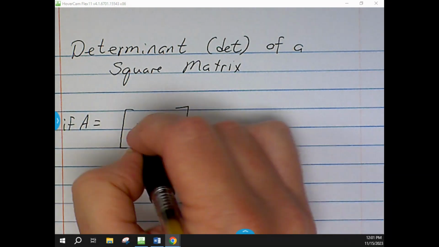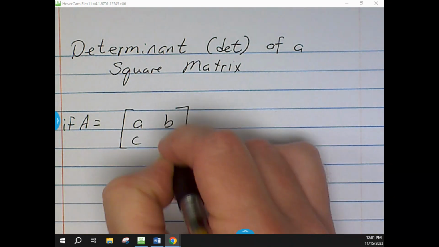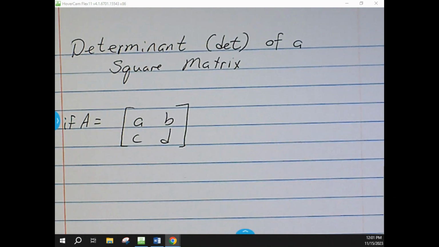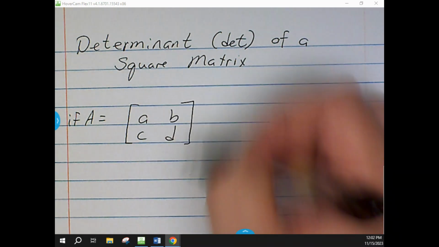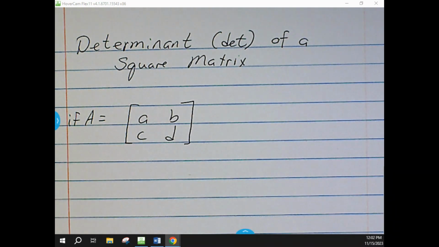Okay, so very first thing we're going to do, show you one without numbers, just so we got a general sense of it. And then we'll show you one or two with some numbers because we got it there. So leave a little bit of room because we're actually going to work around this one to get the numbers for this one. So if A is that, if that's our matrix, if it's A, B, C, D, where we've got 4 numbers.